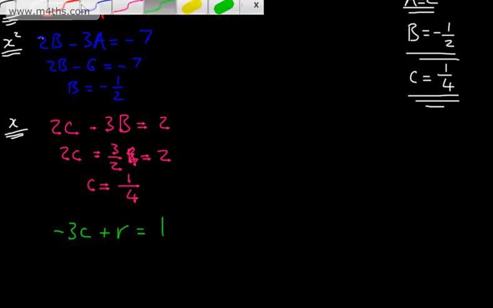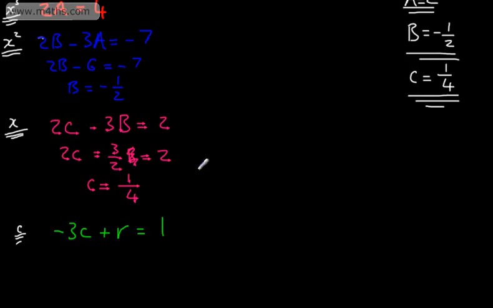So that now is the constant or the term independent of x. So if we look, that's going to give us now minus 3 over 4, as c is 1/4, plus r is equal to 1. So r is equal to 1 plus 3/4, which is 7 over 4. So the remainder is going to be now 7 over 4.